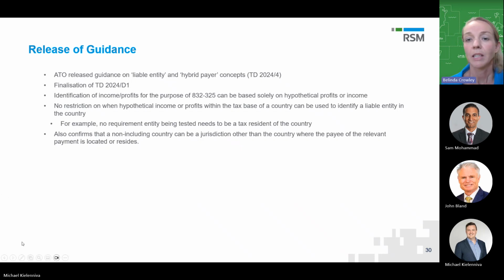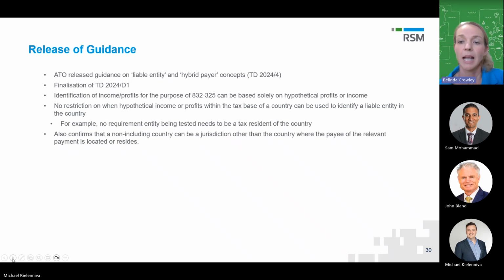So just briefly, the legislation provides that an entity is a liable entity in a country in respect of its own or another entity's income or profits, where tax is imposed on the entity in respect of all or part of the income or profits. So the ruling states that an entity can be a liable entity in a country, even where there are actually no profits or income in that country, or it doesn't even carry on a business there.